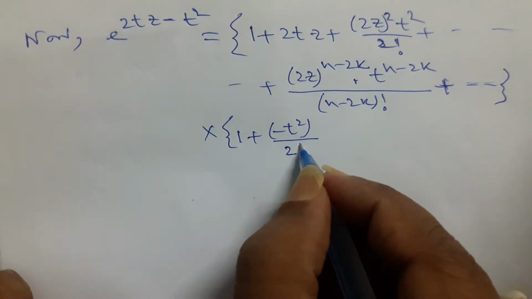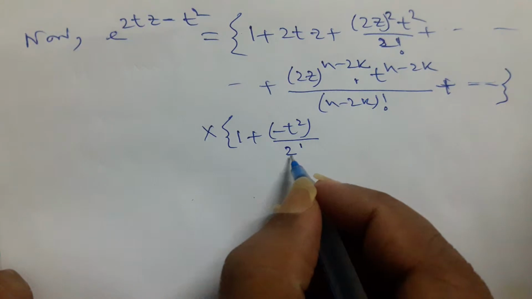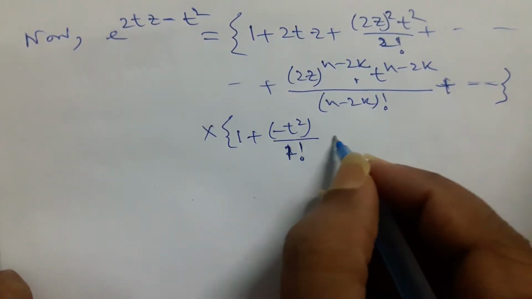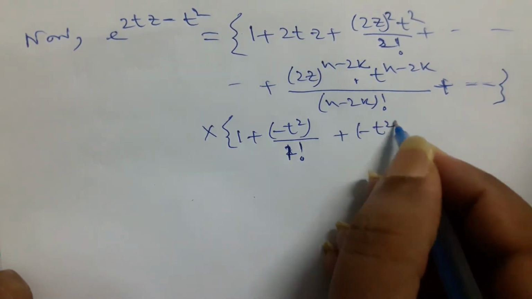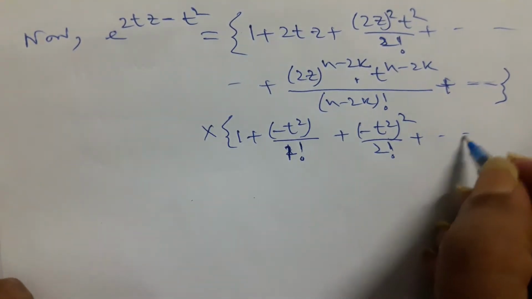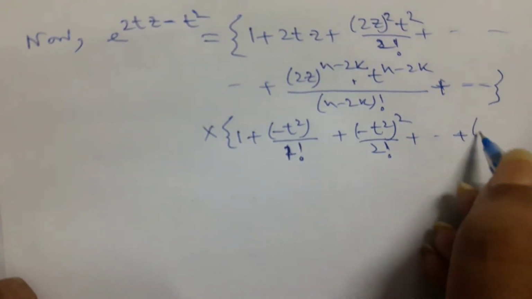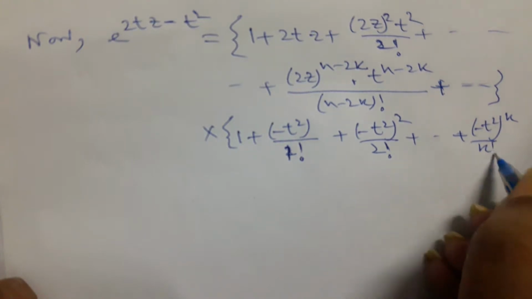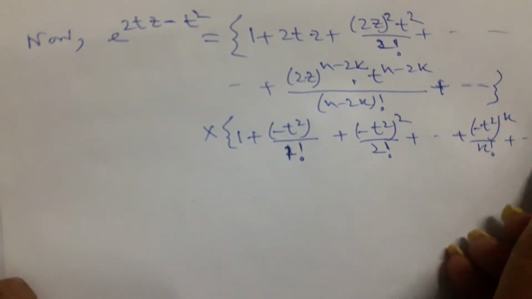1 factorial plus minus t square whole square by 2 factorial, in this way, plus minus t square whole to the power k by k factorial.